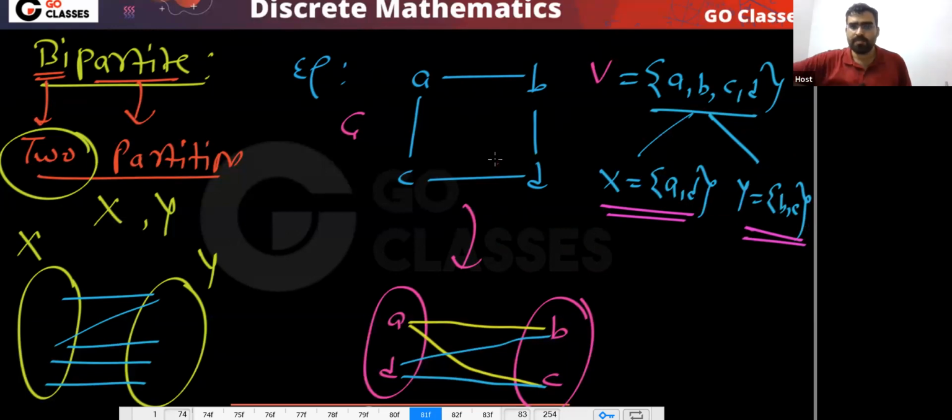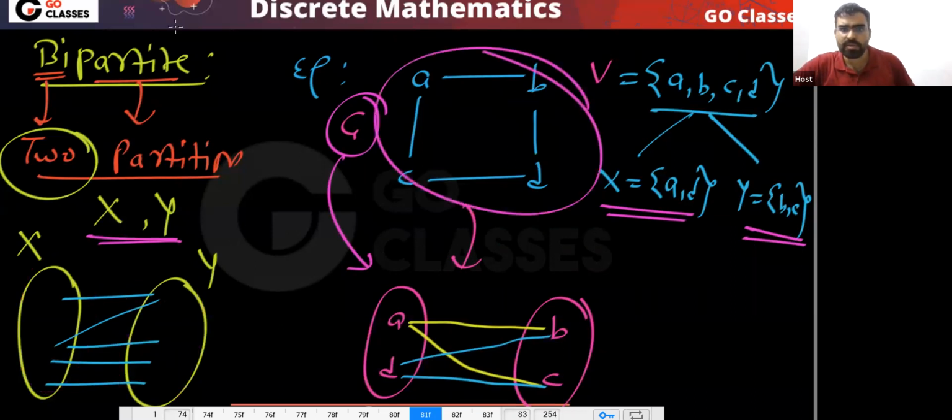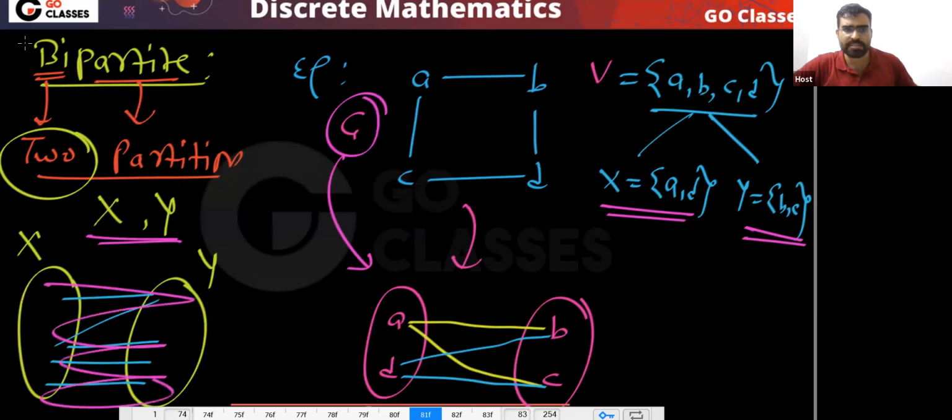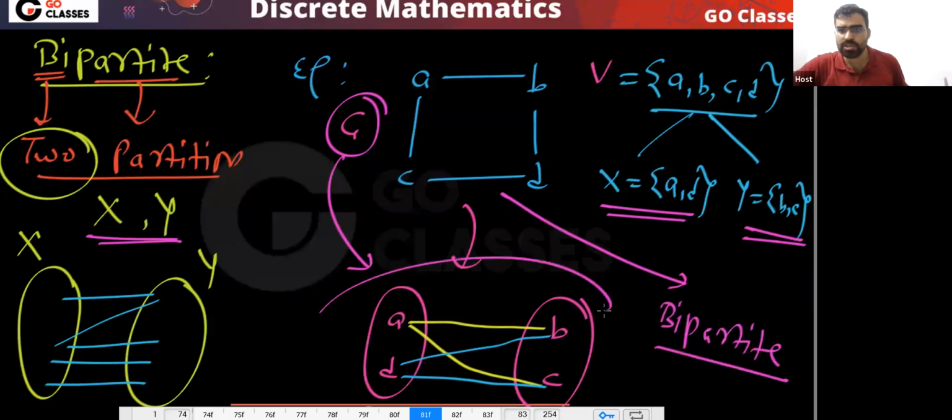Because you can partition this graph into two parts such that all the edges are between the parts, this graph is bipartite. Is this clear to everyone?